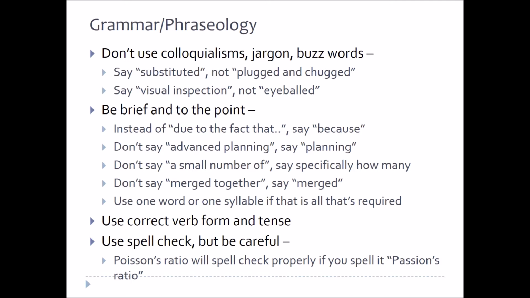One thing to draw specific attention to on this slide here is under be brief and to the point, the third bullet point there. Don't say a small number of, say specifically how many. The number of times that we see this kind of thing crop up in people's reports, people saying a few, or there was a lot of, or there wasn't many of, or there was a relatively large number of.